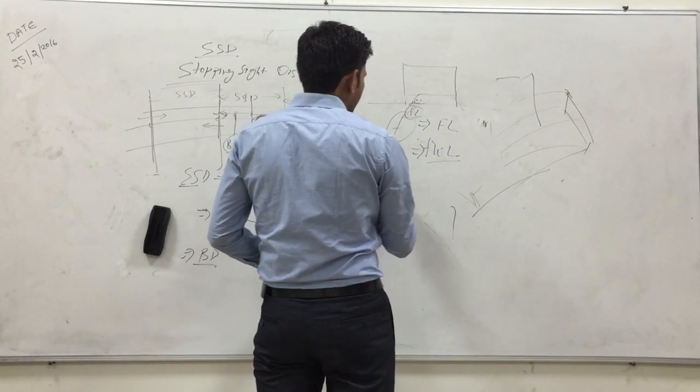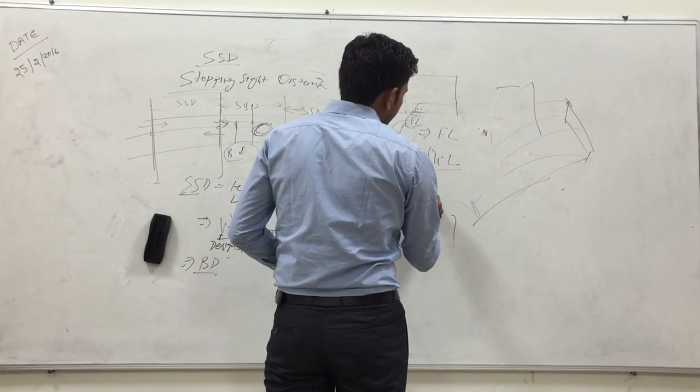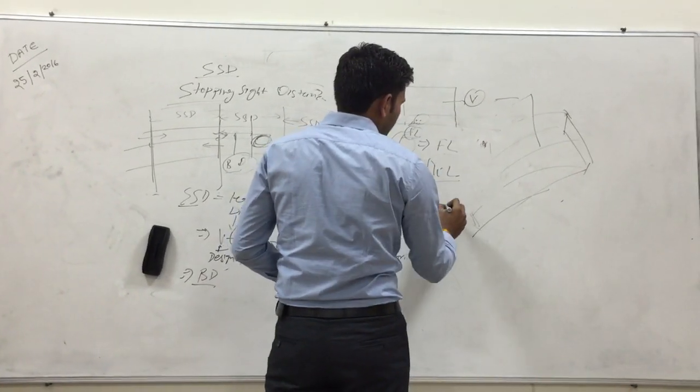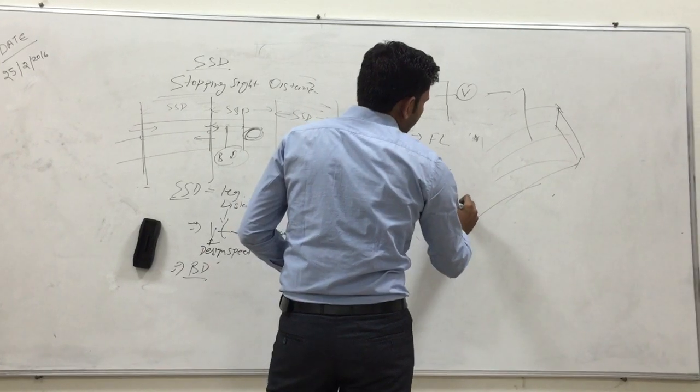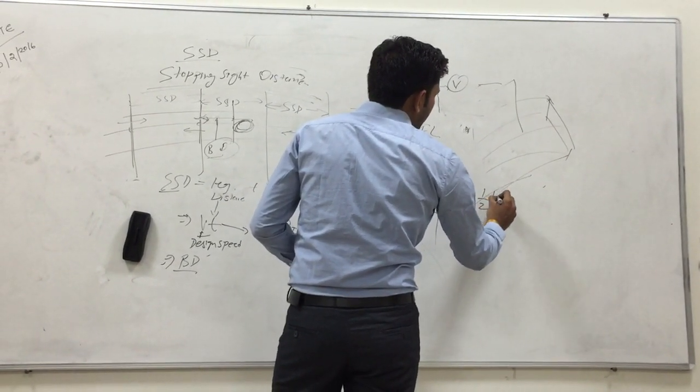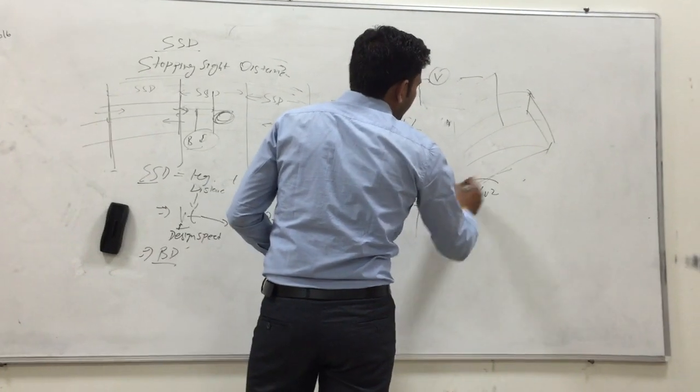Second is the kinetic energy, because the vehicle is moving at the speed V, so it is equal to half m v square. So we can also write half W by g V square.